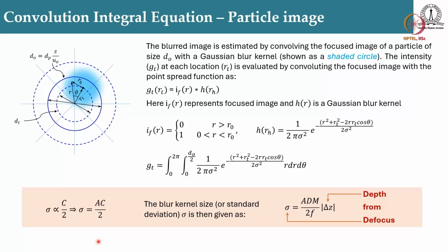We already have a relation of this blur circle diameter with respect to the offset of the particle from the object plane, or movement of the particle in the depth direction. So this now becomes a foundational equation correlating depth, which is delta z, with defocus, that is sigma, because sigma is representative of the amount of blurring or defocus, and delta z represents the position.